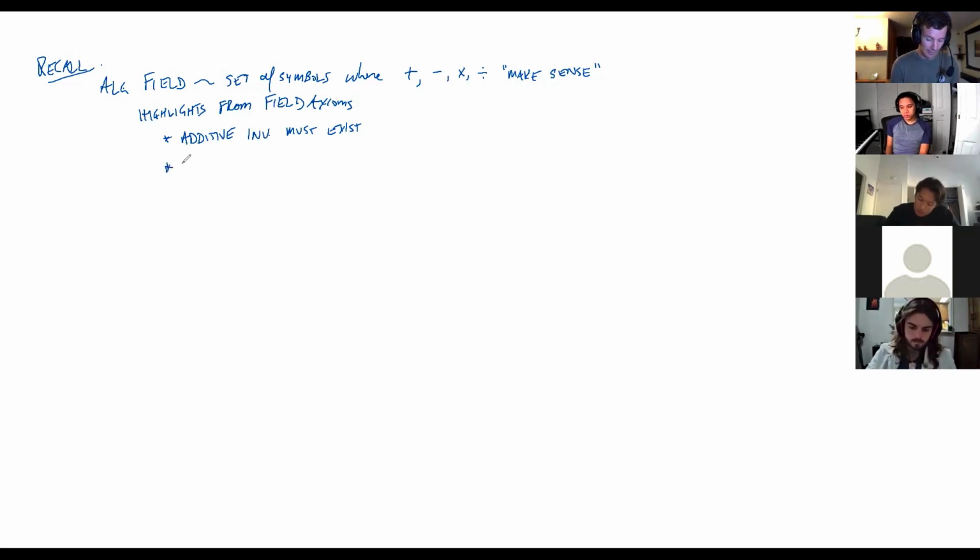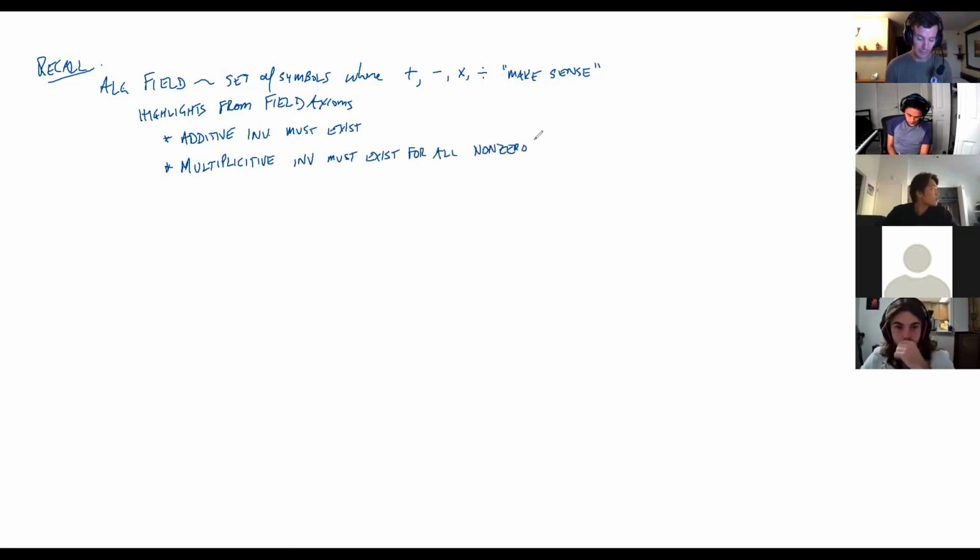The other is the axiom of a multiplicative inverse. And we only require the multiplicative inverse to exist for all non-zero field symbols, or field elements, if you like.